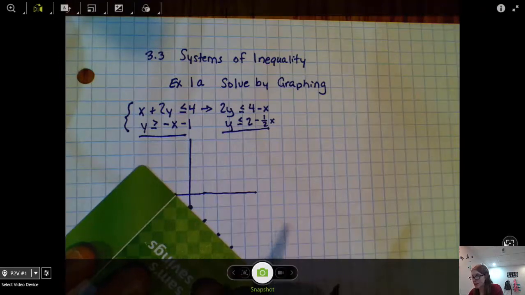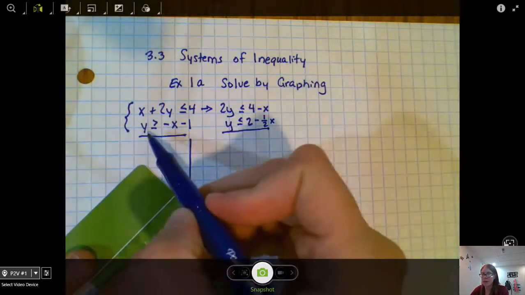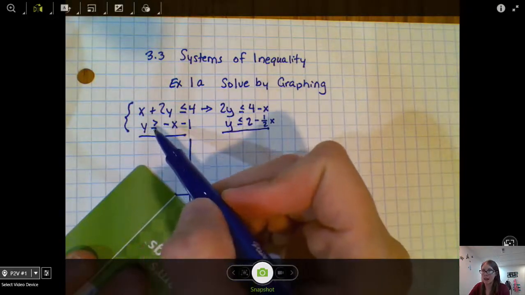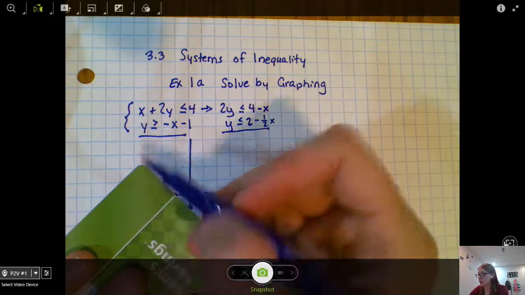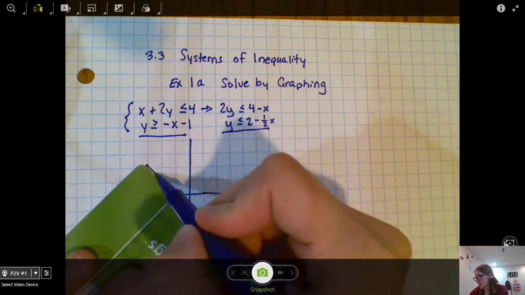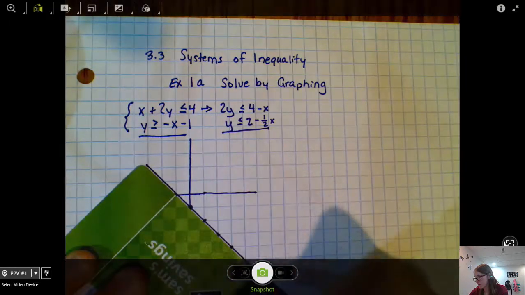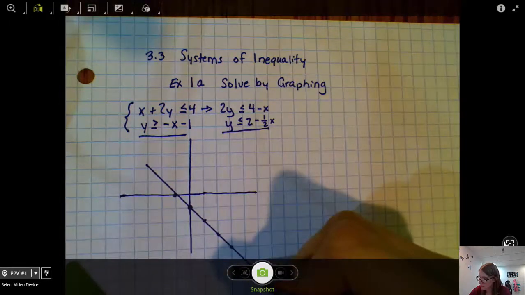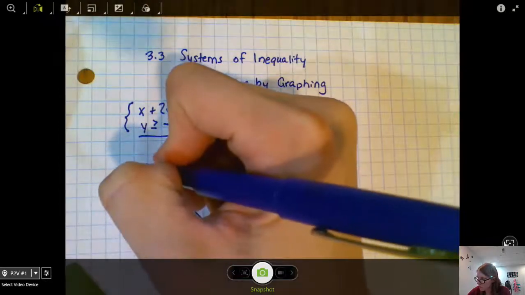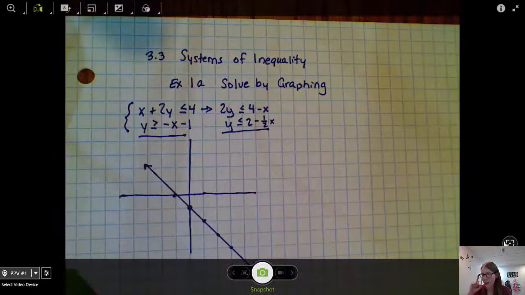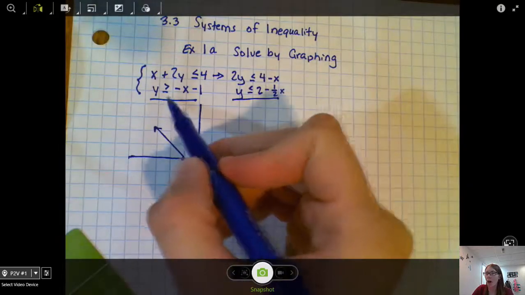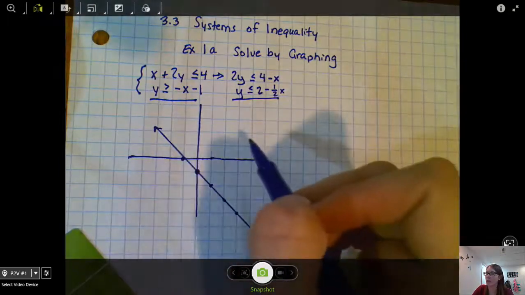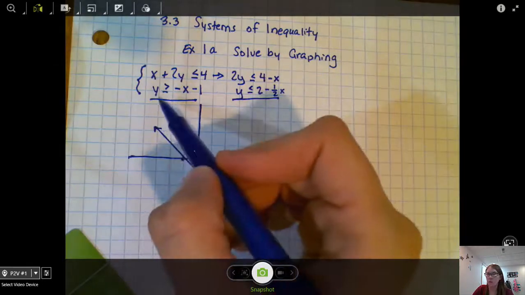with my straight edge. And one thing that you might not remember about graphing inequalities is that this symbol tells us what type of line to use when we're connecting our dots. When we have the greater than or equal to option, we use a solid line. And if it was just greater than or just less than, without the line underneath, then we would use a dotted line to graph our inequality.